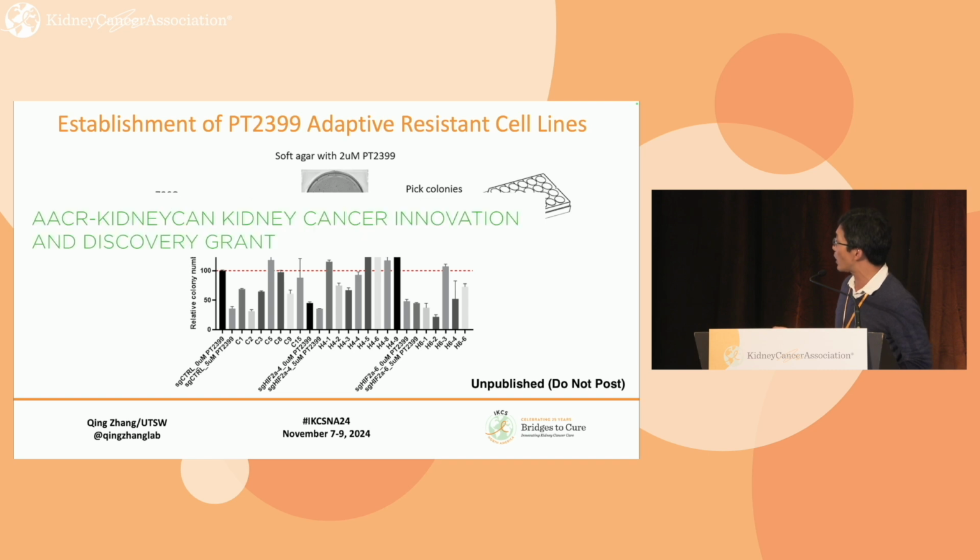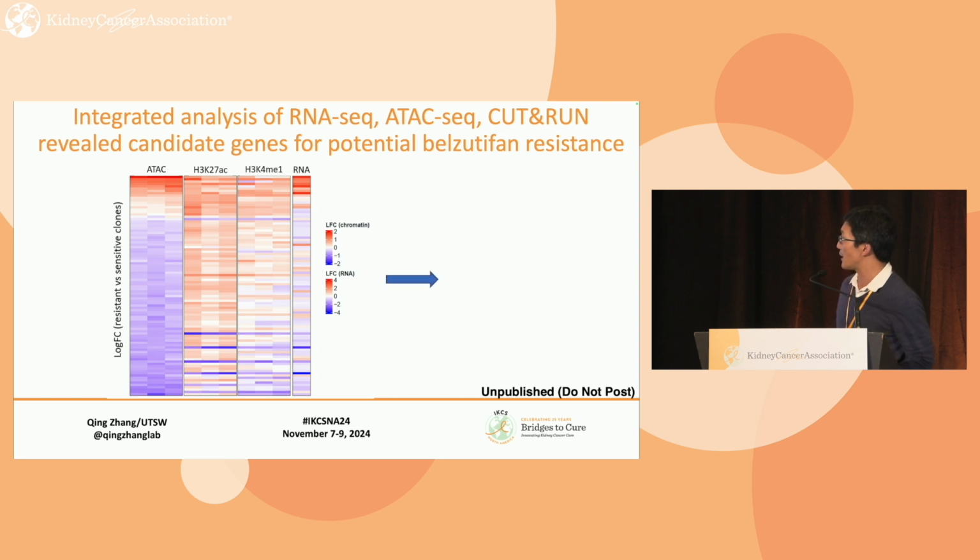So what we did, supported by ACR kidney cancer grants, was to perform epigenetic as well as RNA-seq analysis. This is a heat map where we performed ATAC-seq, H3K27 acetylation, H3K4 monomethylation, as well as RNA-seq. We compared various resistant clones with parental clones.